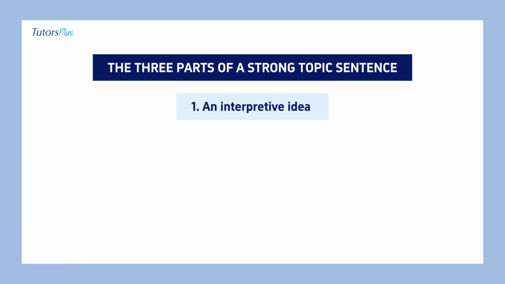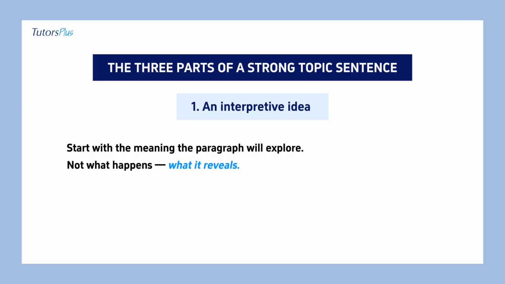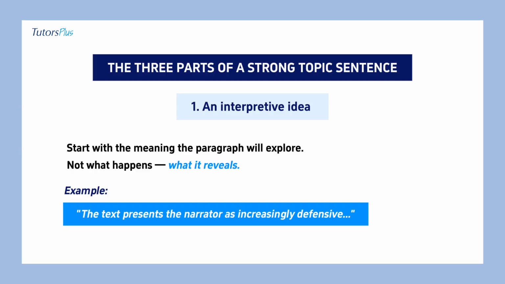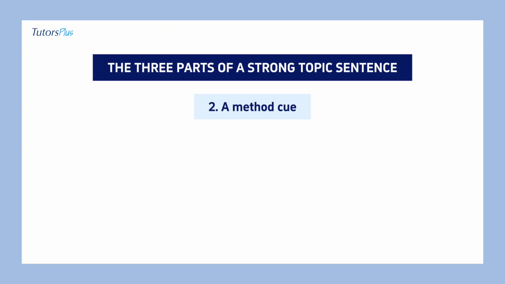Firstly, we've got the interpretive idea, a good, capturing idea. Let's start with the meaning: what the paragraph will explore, not what happens, but what it reveals. For example, "the text presents the narrator as increasingly defensive" is an idea. Then we move into a method cue, which signals how the writer shapes this idea.